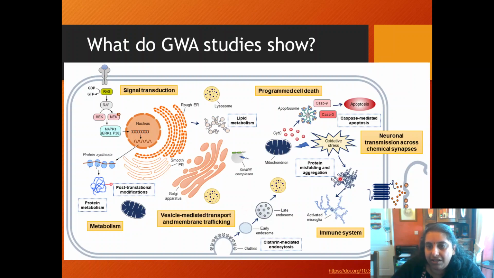And the protein misfolding and aggregation, oxidative stress, apoptosis, lipid metabolism, endocytosis, post-translational modifications in protein metabolism, and lipid metabolism. So these are all things that a lot of them we've talked about before with individual protein mutations, individual gene mutations.